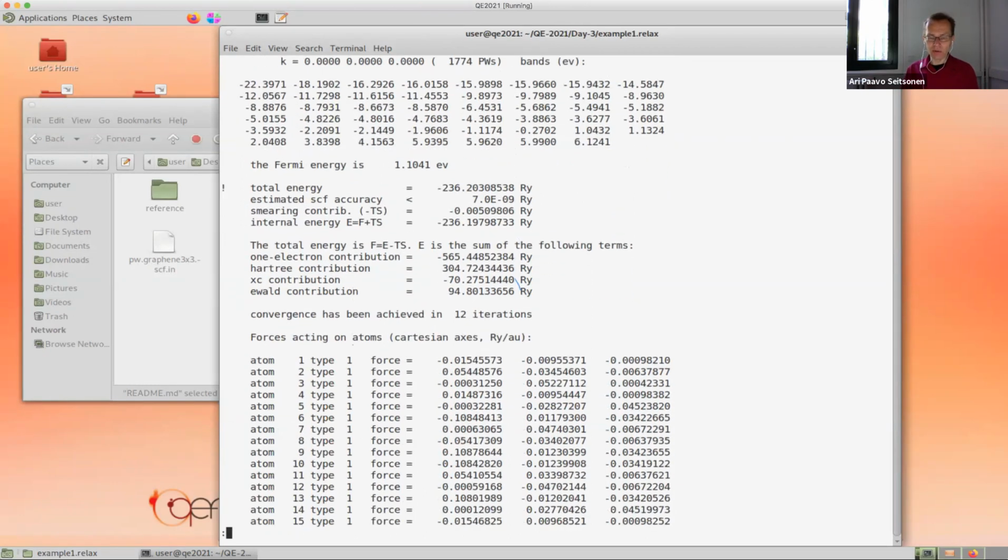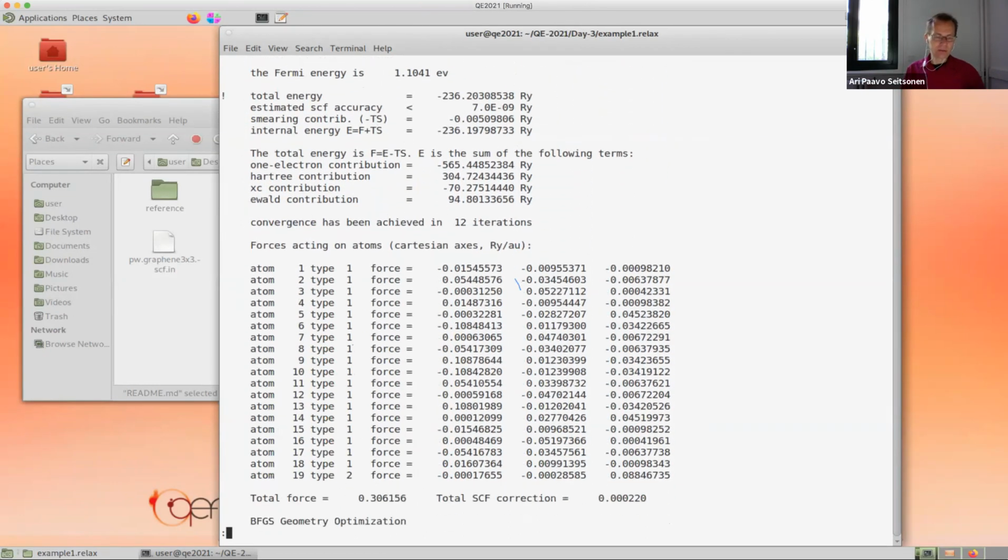The forces, now you see that also we could have checked in the beginning. Because the symmetry is now much lower, there are forces also in the lateral directions. So there are no zeros anymore. The symmetry doesn't keep any of the forces zero. And then we see the forces on the oxygen vertically, that's the largest one.